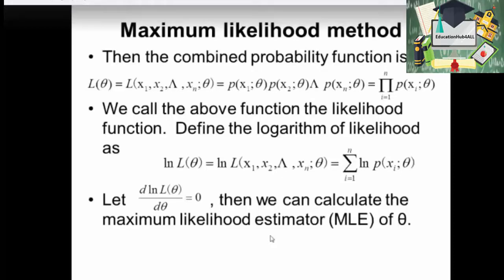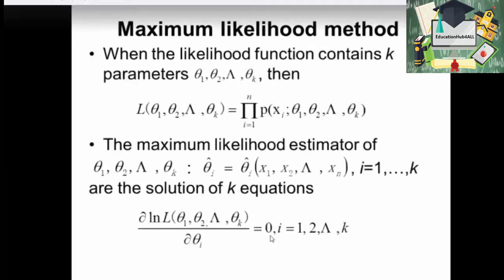Sometimes the derivative is very easy to get, sometimes it's not that easy. Let the derivative equal 0, which means it's the maximum point. We don't go too much into detail.